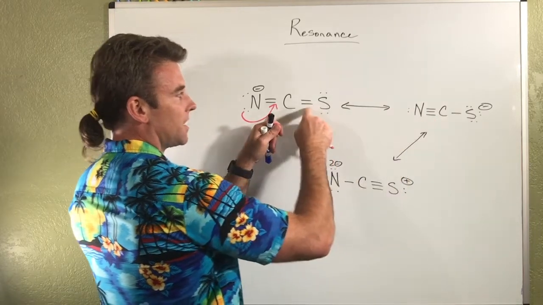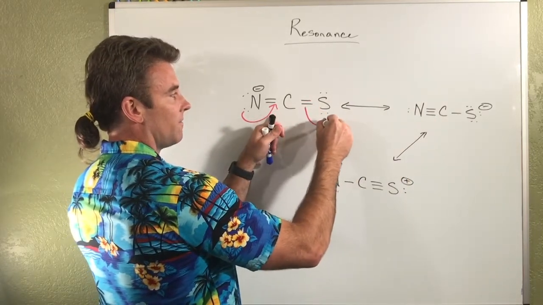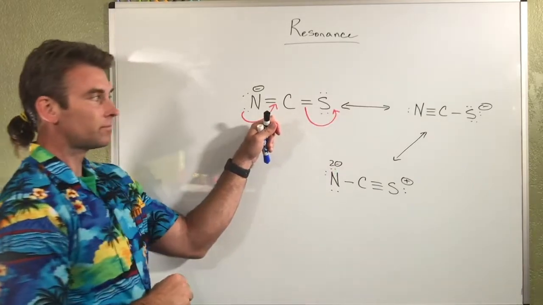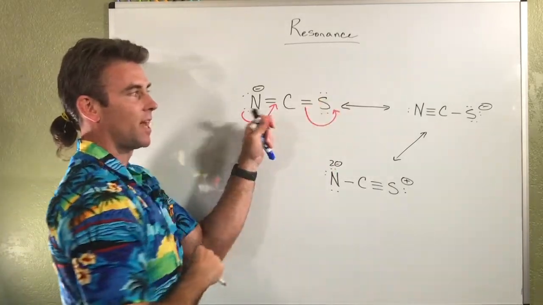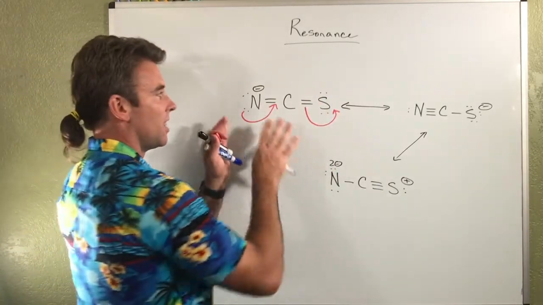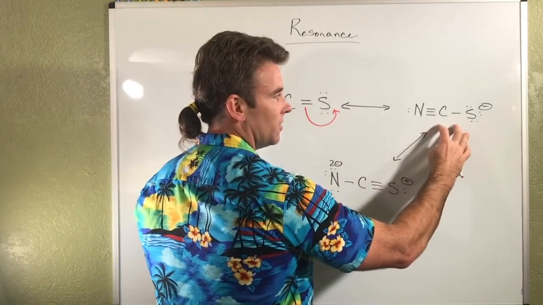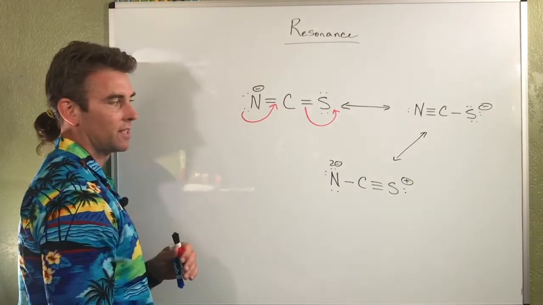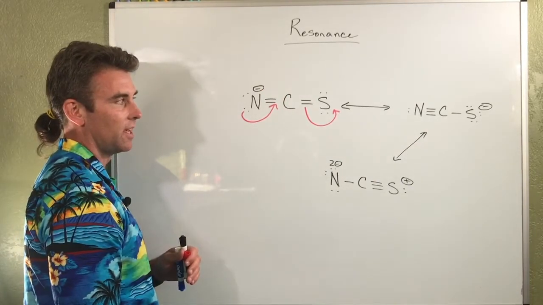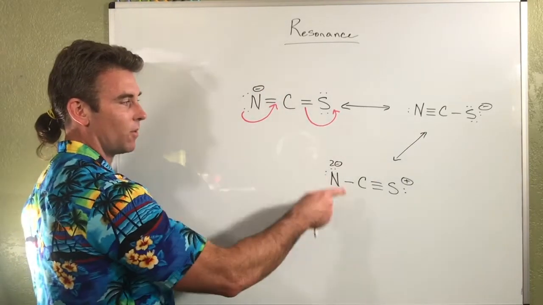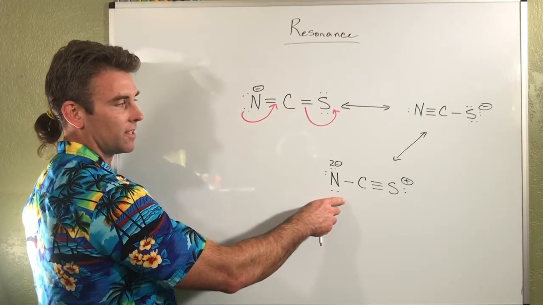But the problem is that double bond now has to break. And it's going to swing up to that sulfur atom, right? And so that set of mechanistic arrows leads to a resonance form. And of course, we could do it the exact opposite way to end up with this resonance form.